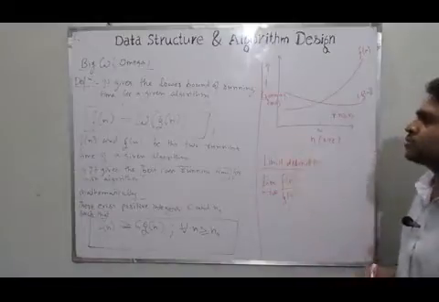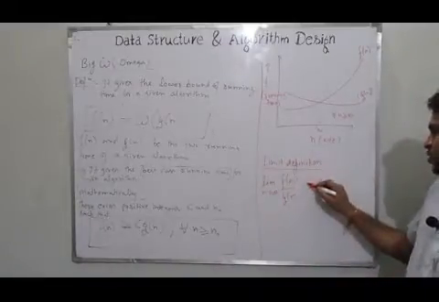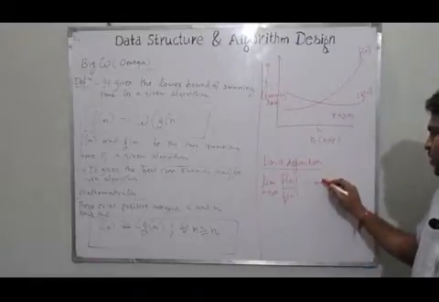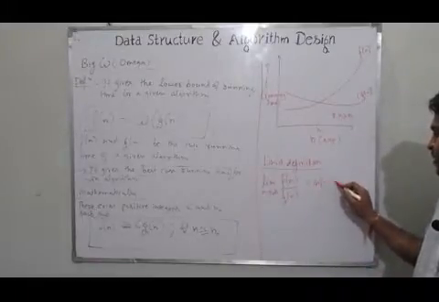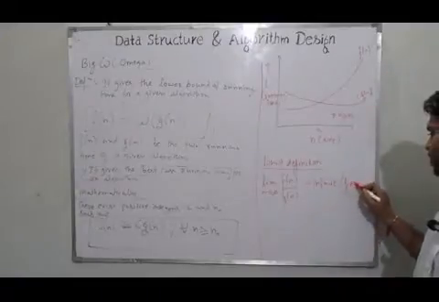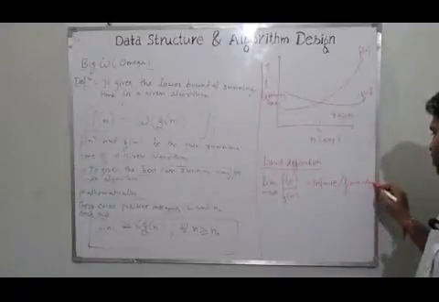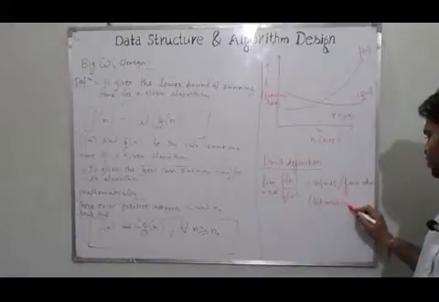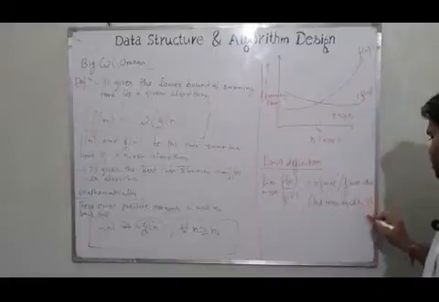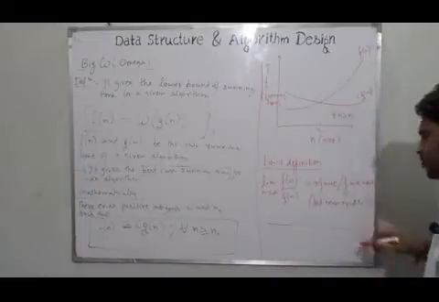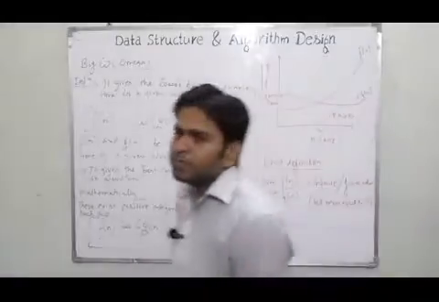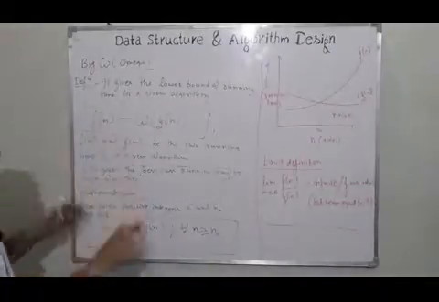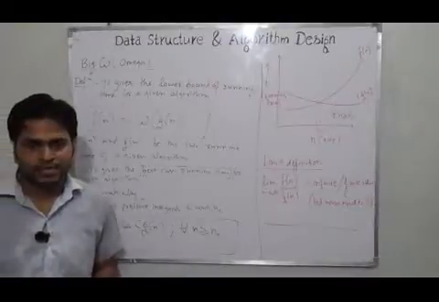When we evaluate this expression, we obtain the value either as infinite or a finite value, but never equal to 0. That is the basic idea that we have to consider under big omega asymptotic notation. So let us understand all this through a few examples.